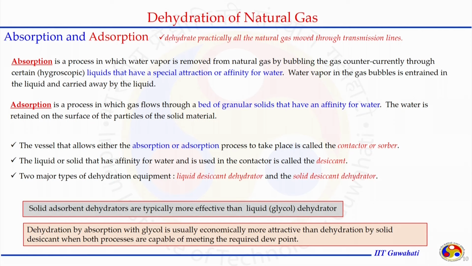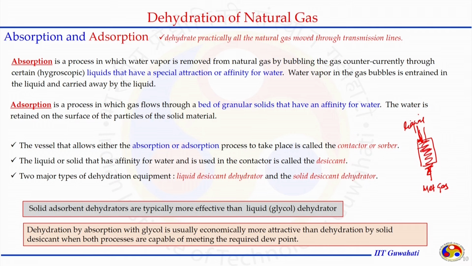So, in the absorption process, if we sketch here, we are saying countercurrent flow is happening. We have natural gas or the wet gas. Wet gas means the gas which has water in it, going to an absorption tower, and from the top we have a selected liquid flowing downward, while gas is flowing upward.